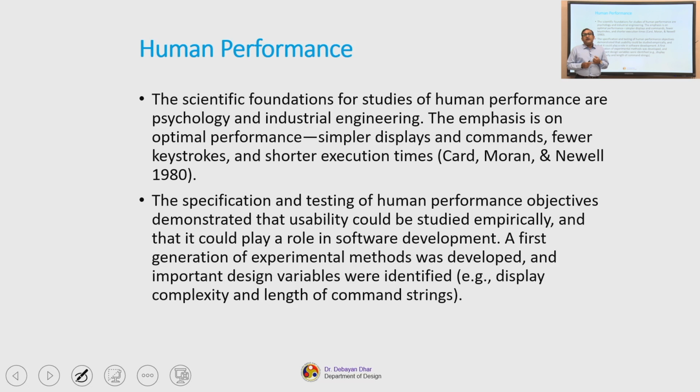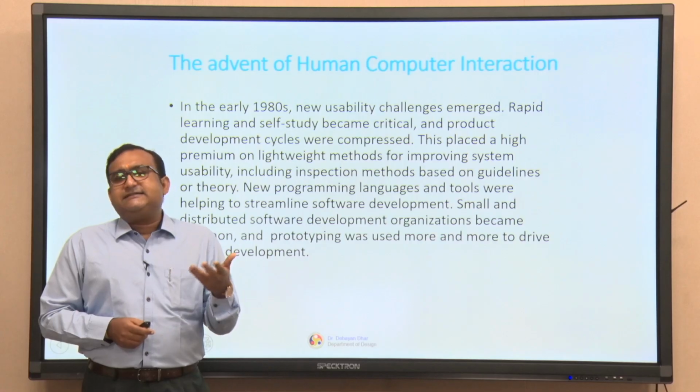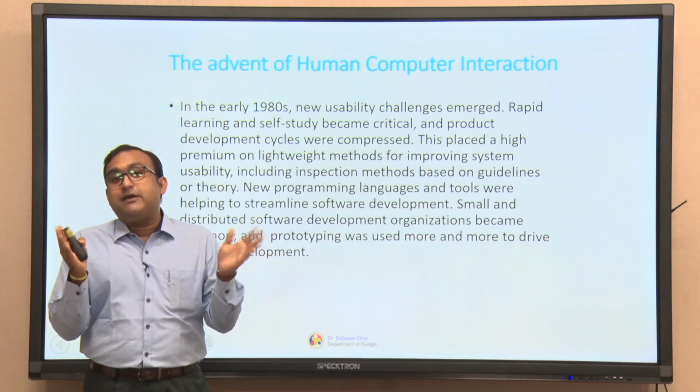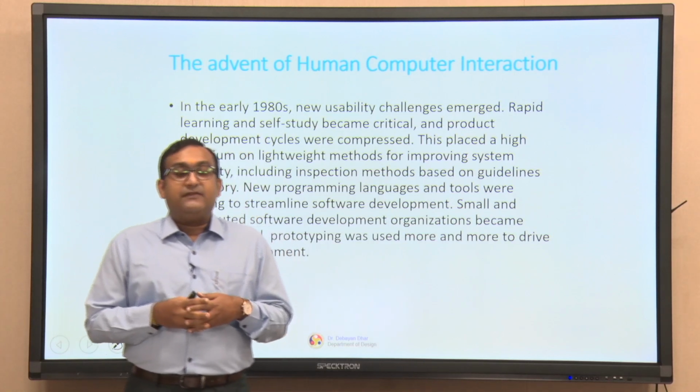The specification and testing of human performance objectives demonstrated that usability could be studied empirically, and that it could play a role in software development. A first generation of experimental methods were developed, and important design variables were identified, like display complexity, length of command strings, etc.